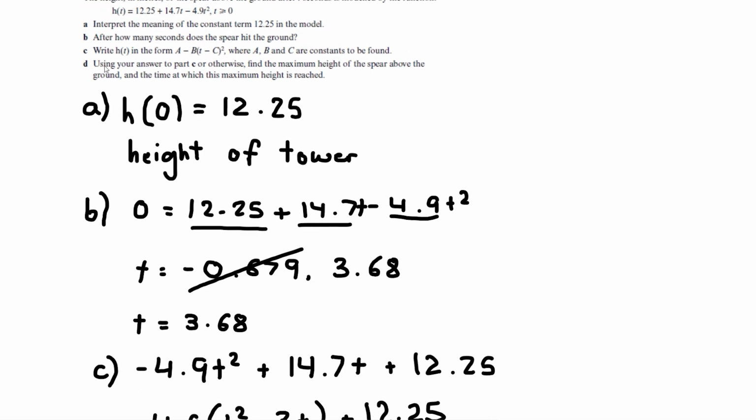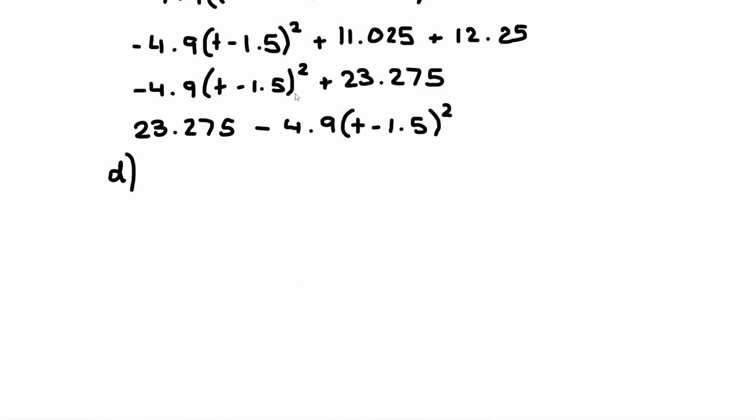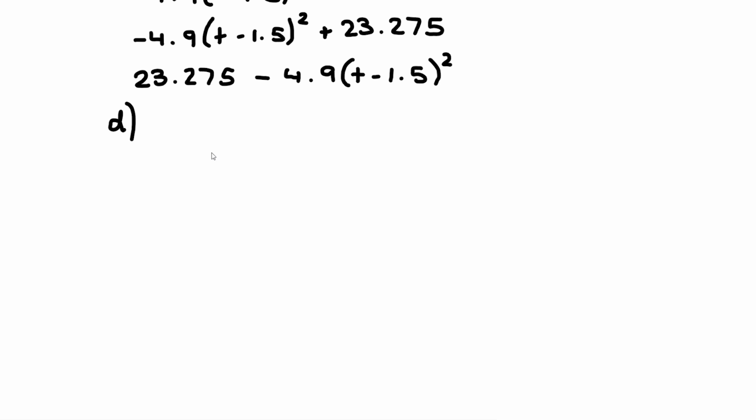Part D asks, using your answer to part C or otherwise, find the maximum height of the sphere above the ground and the time at which this maximum height is reached, right? So first things first, let's think of this as a graph, okay? So let's say we had a graph where we've got our x-axis and our y-axis.